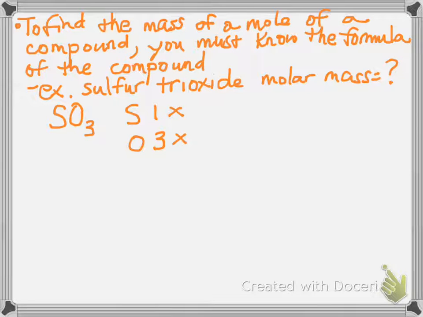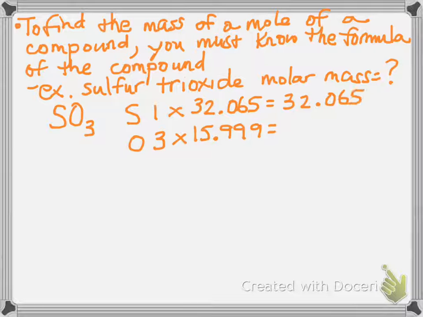Next, I need the masses of these elements from the periodic table. So the mass of sulfur on my periodic table is 32.065. For oxygen, it's 15.999. So remember, again, you did these the other day on your ChemQuest. You started to do this.